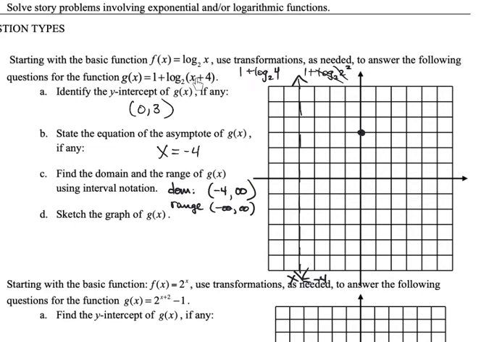Because we get 8, which is 2 to the third. 8 can be written as 2 to the third, so the log base 2 would cancel the base of 2, leaving a 3. So it'd be 3 plus 1, which is 4. You following? So when I plugged in a 4 for x, 4 plus 4 is 8. Log base 2 of 8 is 3. 3 plus 1 is 4. So (4, 4) is on the graph.